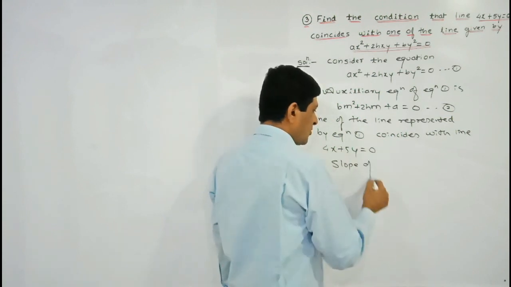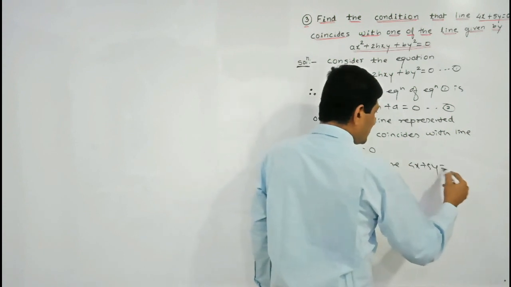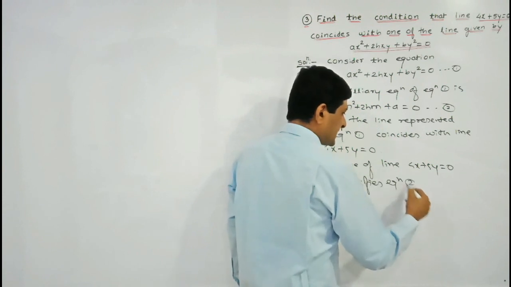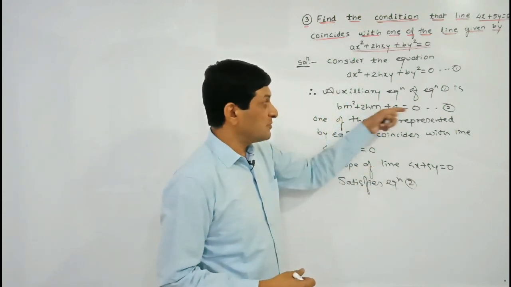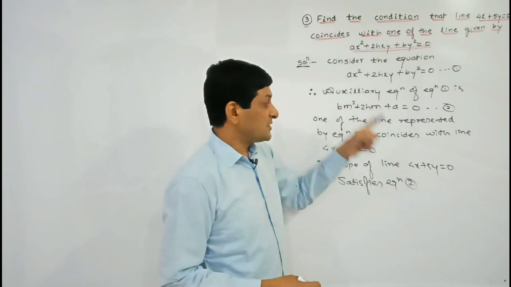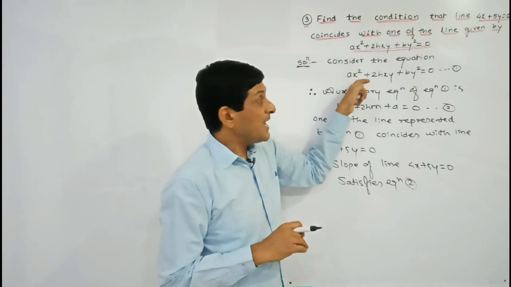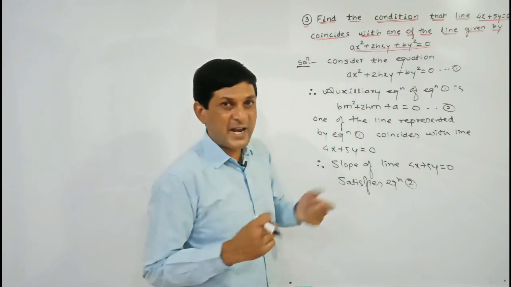Therefore, the slope of the line 4x plus 5y is equal to 0 satisfies equation second. Why can we say that the slope of this line satisfies the second equation, the auxiliary equation? Because this line is represented by the given homogeneous equation, and this is nothing but its auxiliary equation. These two equations are one and the same.